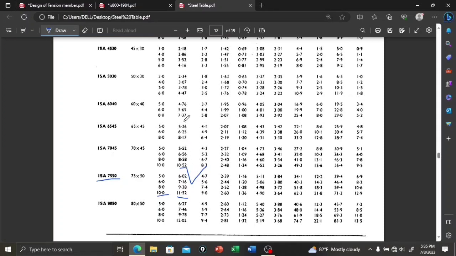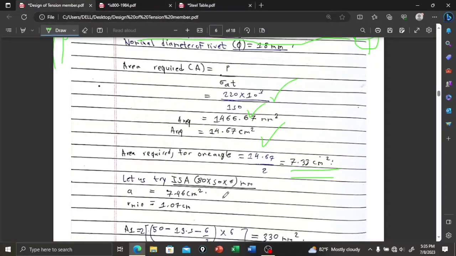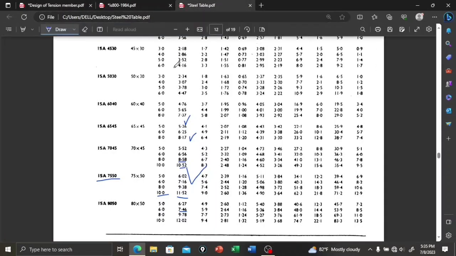We can choose this also, or this, or this. I have chosen 8056. I have chosen this, 7.46 centimeter square.